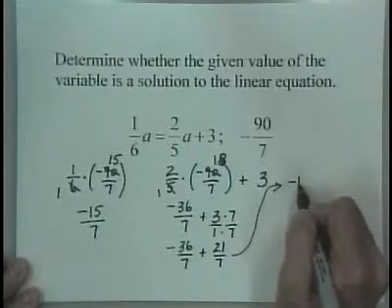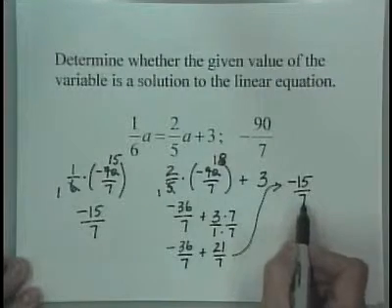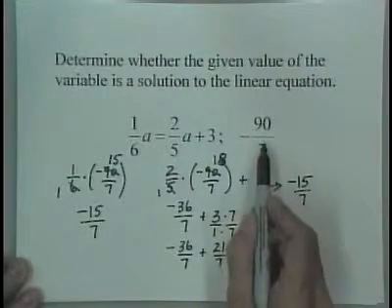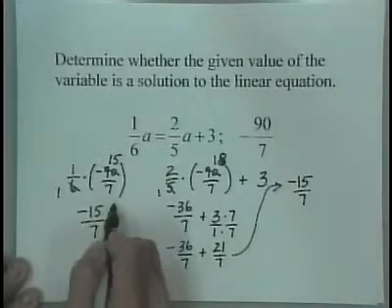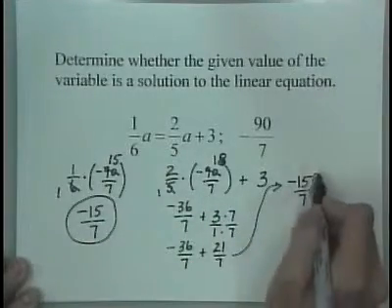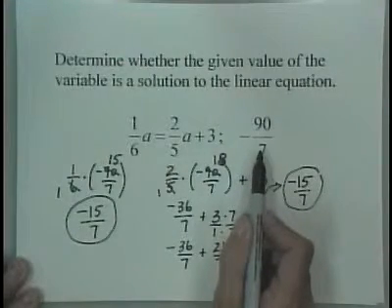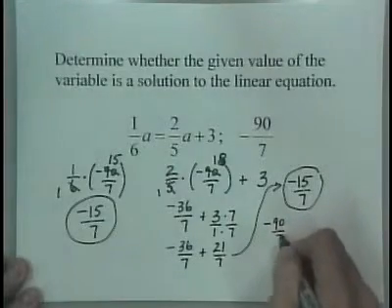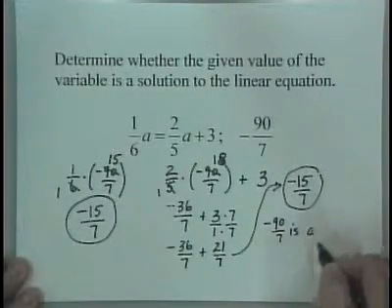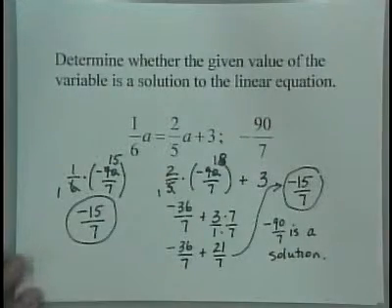Negative 36 plus 21 is negative 15. And negative 15 sevenths is what we get when we substitute negative 90 sevenths into the right-hand side of the equation. Let me circle these results so that you can see we got the same value substituting negative 90 sevenths into each side of the equation. So our conclusion is that negative 90 sevenths is a solution to the equation.